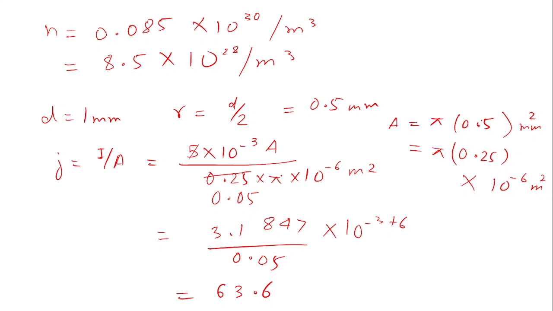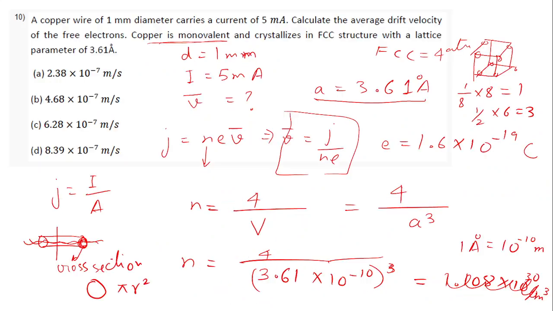Depending on what pi value we take, if we go beyond 3.14, we'll get slightly different values here, but anyway, approximately it will be something like this. And then 10 to the power 6 minus 3 means 3 ampere per meter square. This is the current density we have calculated.